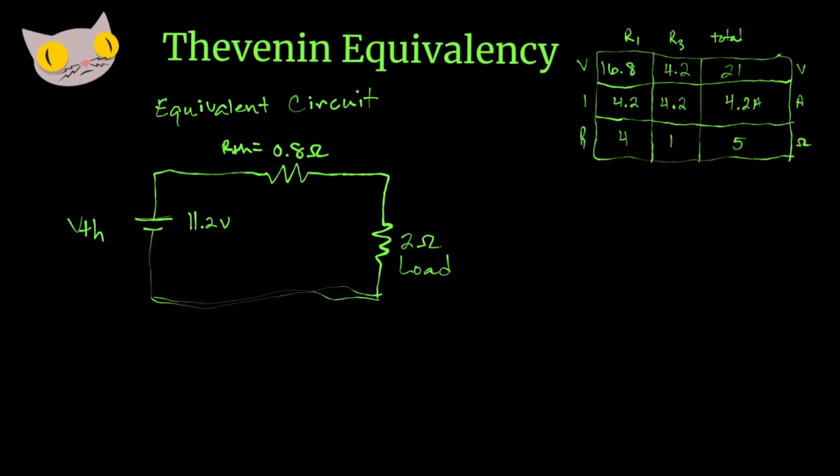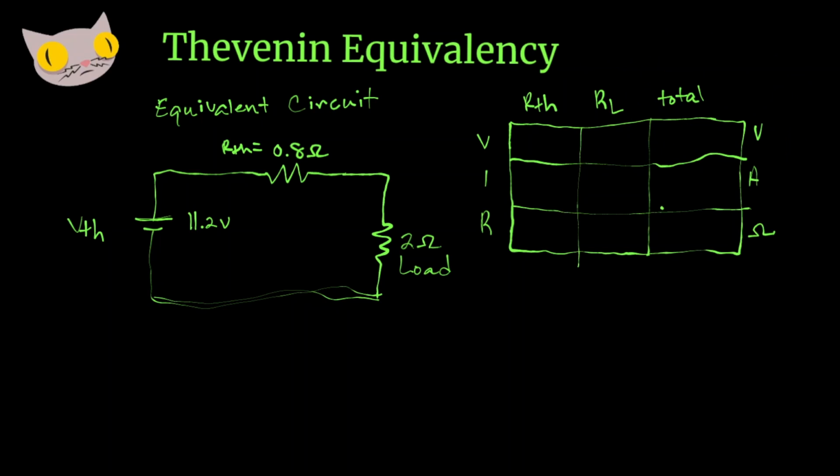So we're left with a simple series circuit. It makes it a little bit easier to analyze than the original circuit we had prior. Now we can look at trying to calculate the load current and the voltage drop across the resistor with another table. So here's our table.